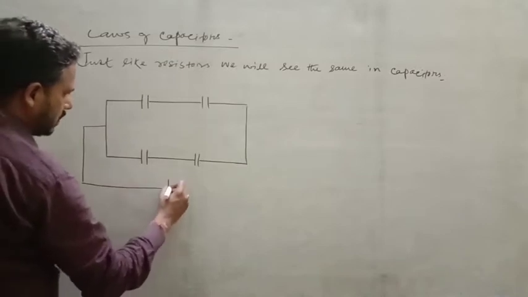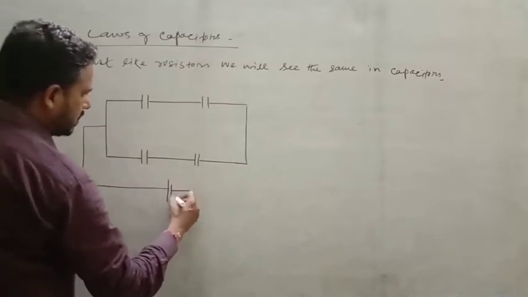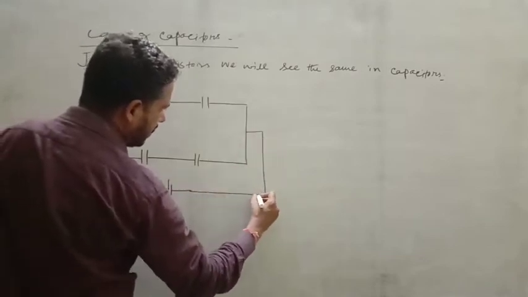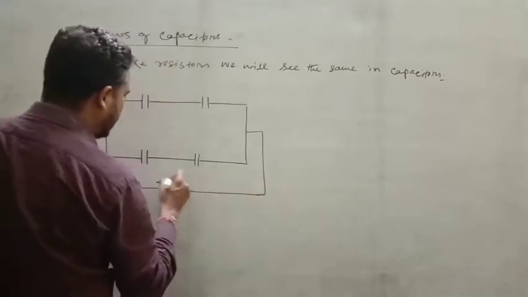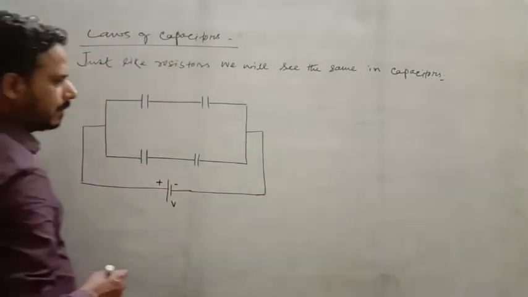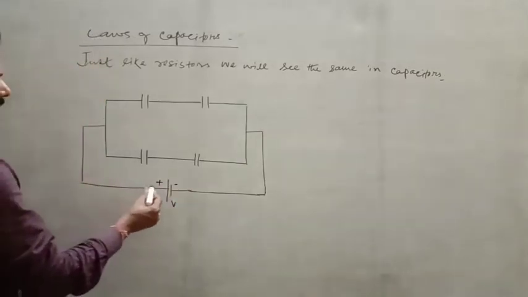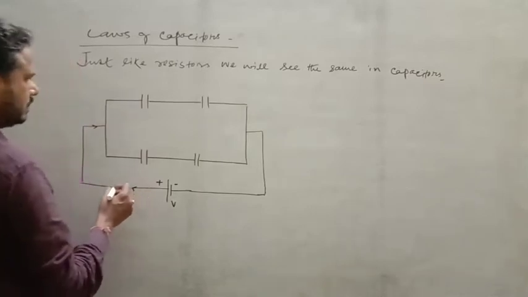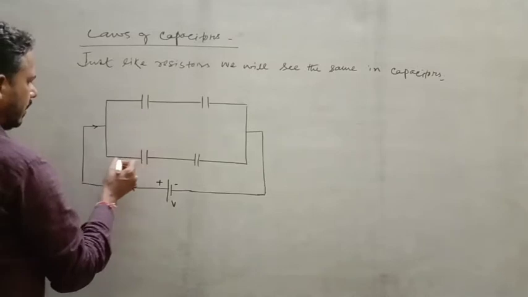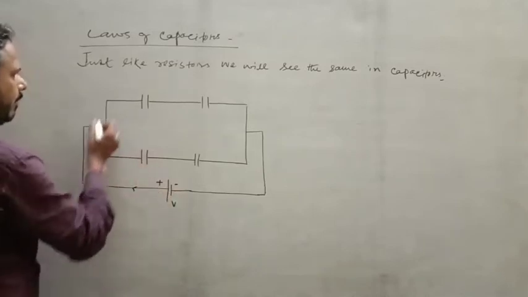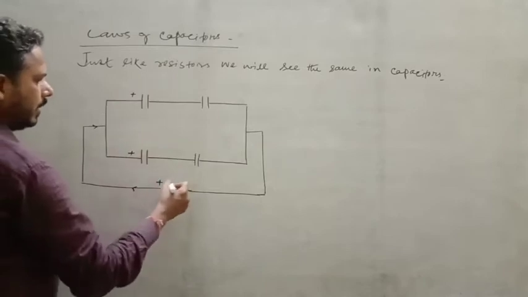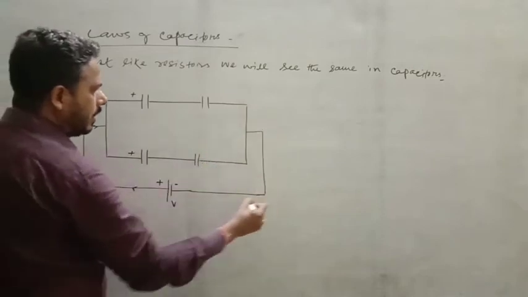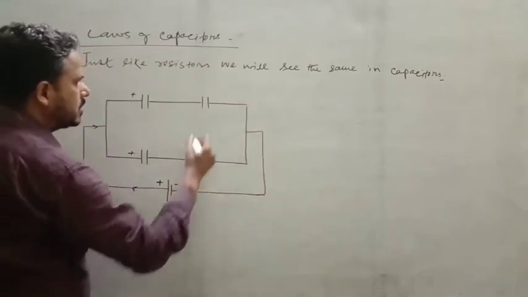Suppose this has potential V. This one is your positive terminal, this one is your negative terminal of the EMF. These plates are directly connected to the positive terminal of the EMF, so they would be positive.